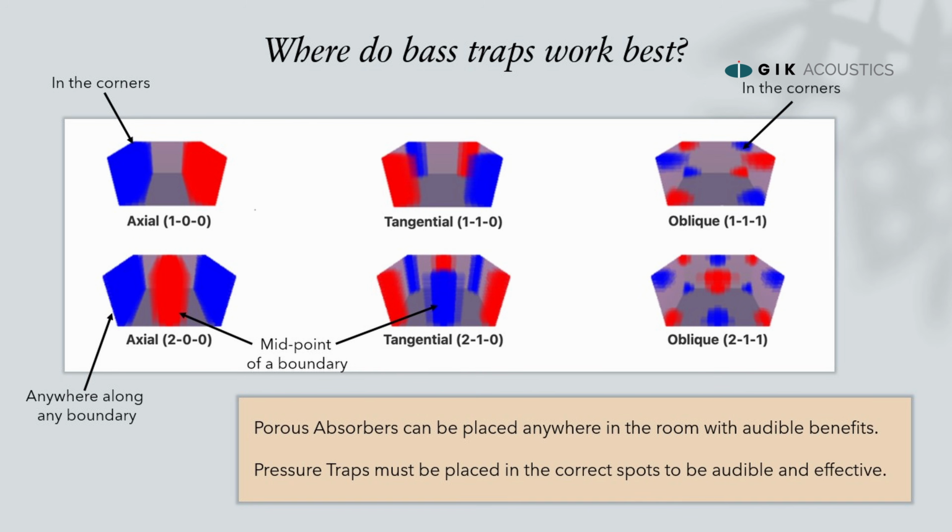Same thing with tangential, which, like I said, is more like a diagonal thing. If you think about it, it's hitting that wall, and instead of traveling straight, it's going across the room. You've got to think about what's happening. It's not hitting here and then funneling to the corner. It's actually starting somewhere near the corner, or hitting somewhere near the corner. So now you think about your bass traps in the corner. Well, maybe if we made those a little larger, we're going to get some of this tangential stuff too.